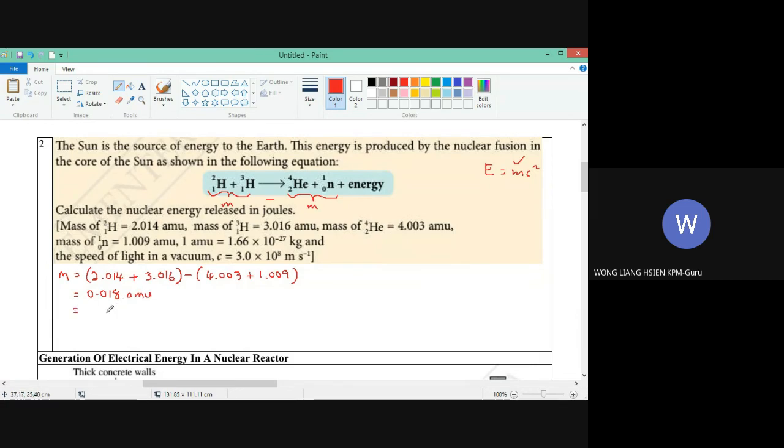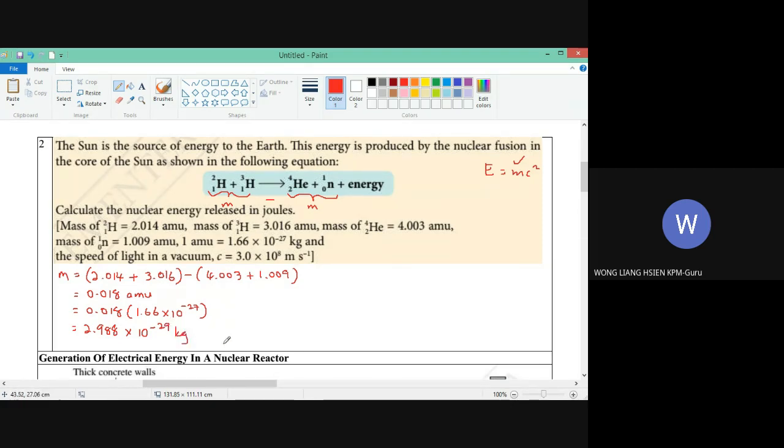Again, we need to convert this into kilogram. So 0.018 times 1.66 times 10 power negative 27, we get 2.988 times 10 power negative 29 kilogram.